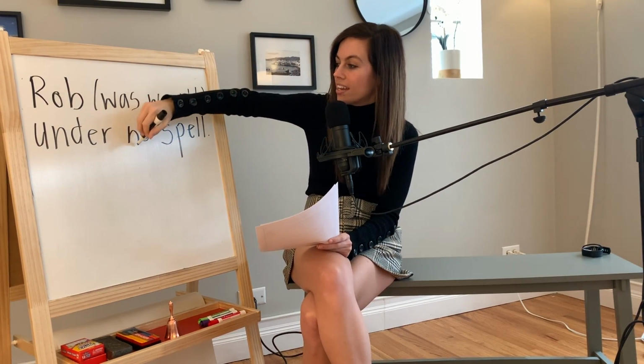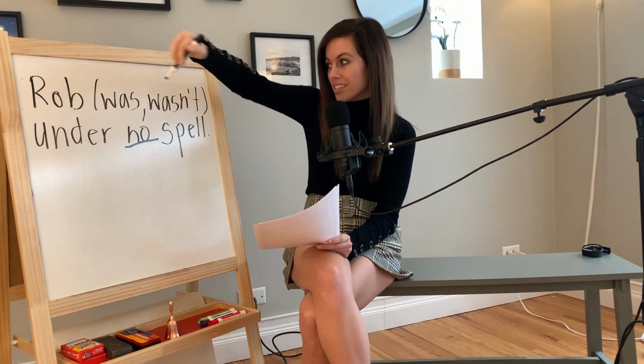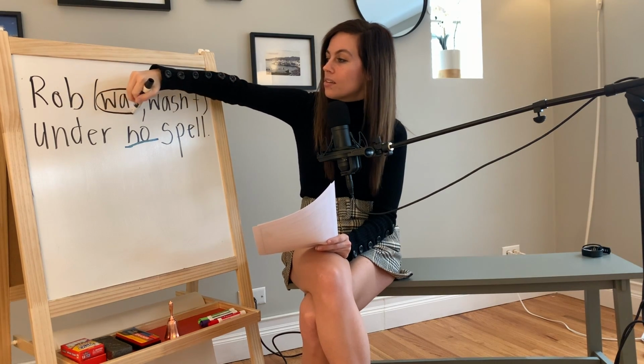So Rob was under no spell or Rob wasn't under no spell. So does anyone see a negative already in the sentence? Yes, no is a negative. So that means that out of our choices, we want to choose the one that is not a negative. So which one is not a negative? Yes, was. So we need to say Rob was under no spell. We wouldn't want to say Rob wasn't under no spell. Okay?